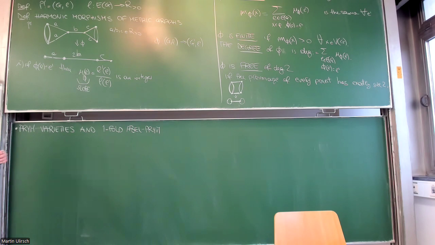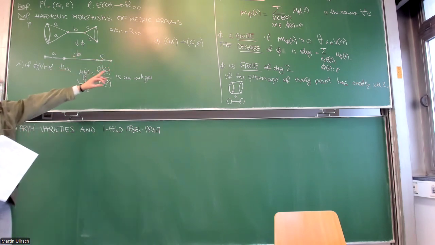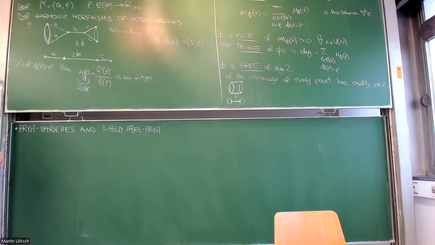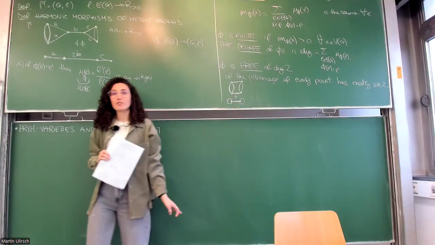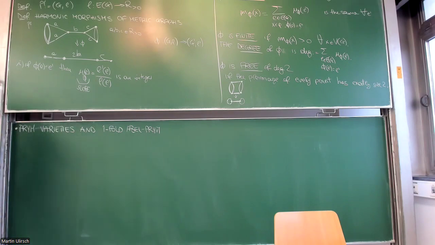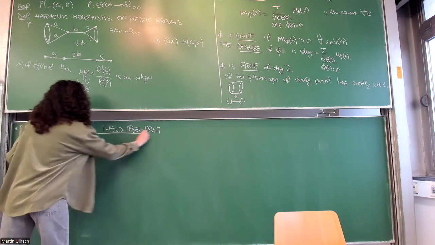I introduced the harmonic morphism and the dilation factor because even though we start with a free double cover of graphs, the Abel-Prym map will be harmonic of degree 2. So there will be dilation. This map will be harmonic of degree 2 with dilation, with edges contracted and edges mapped injectively.